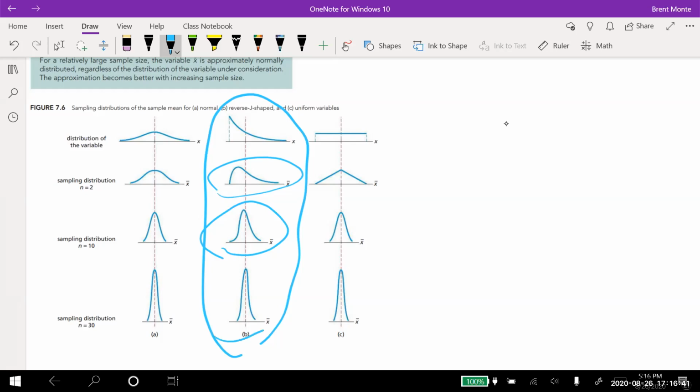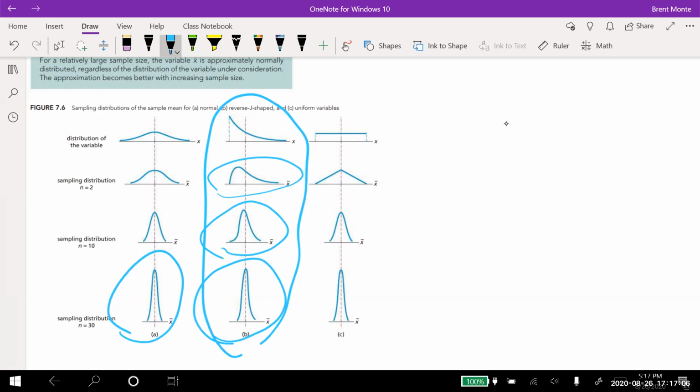Go down to the bottom one, the mean is in the same spot as the population mean. And that graph looks almost identical to the graph we have here. So when I get up to n equals 30, samples of size 30, the distribution, even of this right skewed graph, essentially looks identical to the distribution of a normally distributed graph.